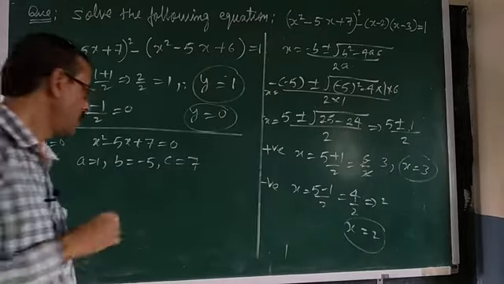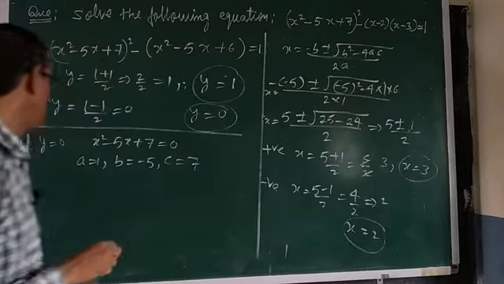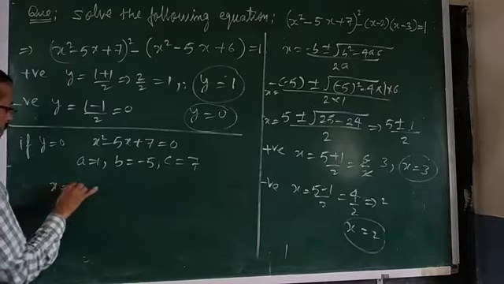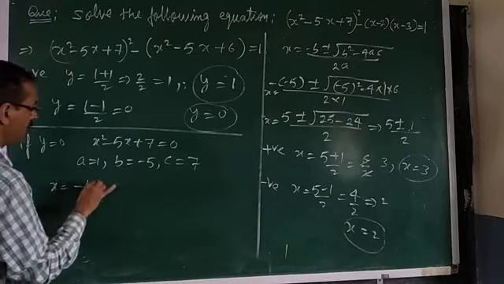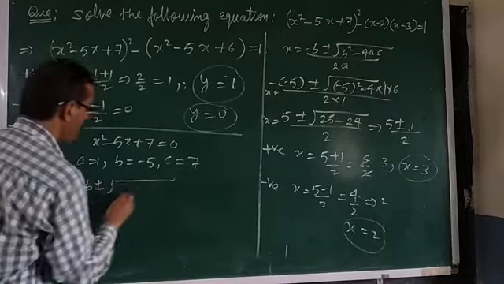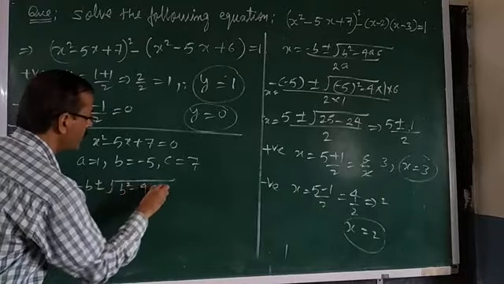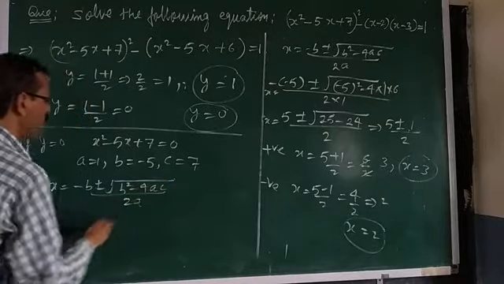Any doubt? No doubt. Now apply the formula. x is equal to minus b plus minus under root b square minus 4ac whole upon 2a.